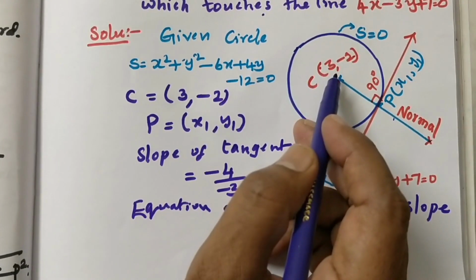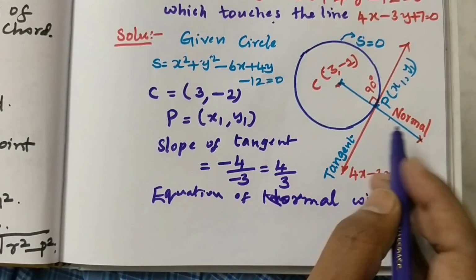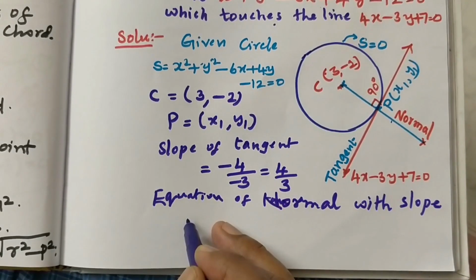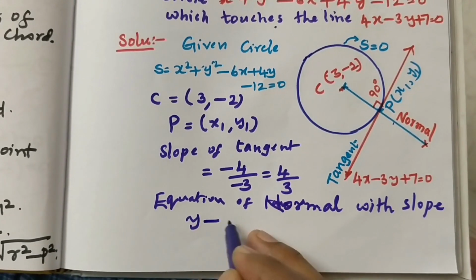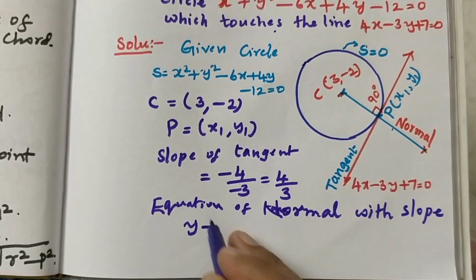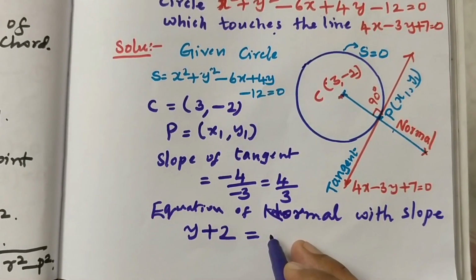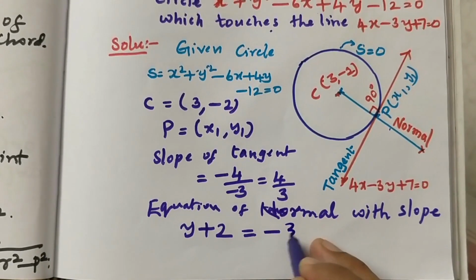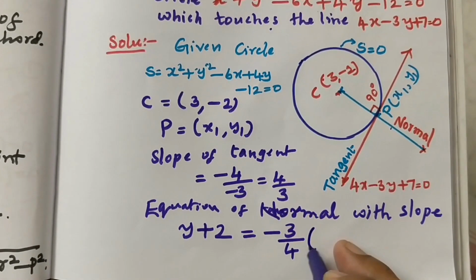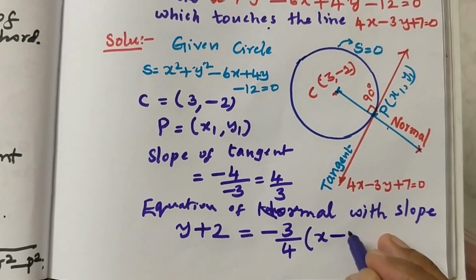Then the point slope form of the line equation is y minus y1. What is my y1? That is here minus 2. So y plus 2 is equal to m into x minus x1, where m is minus 3 by 4 and x1 is 3. This gives us the equation of normal.